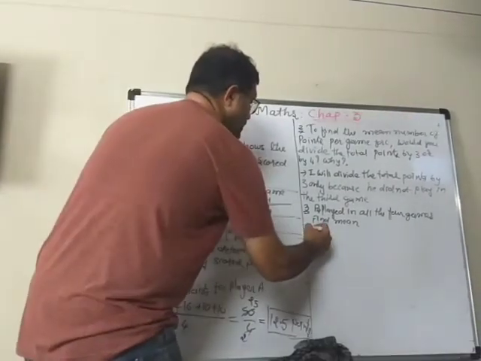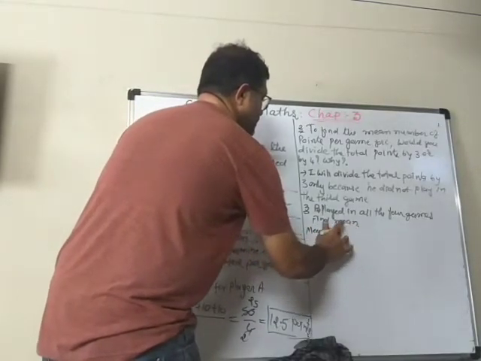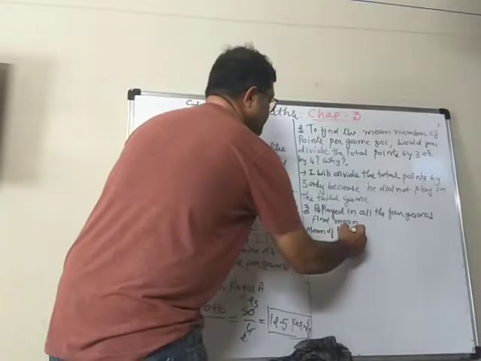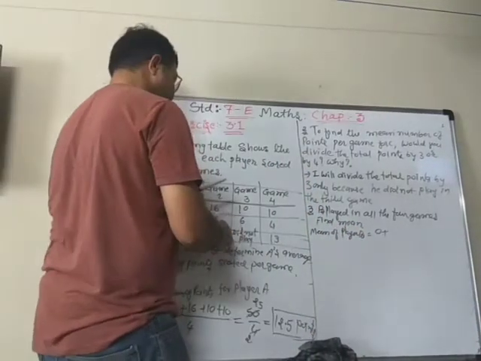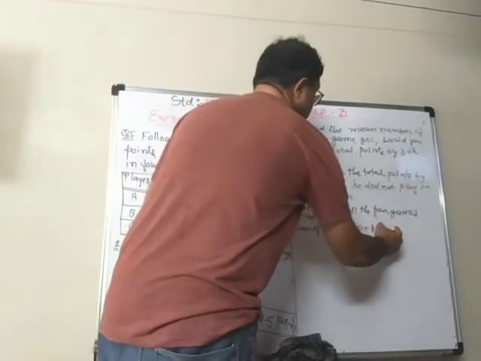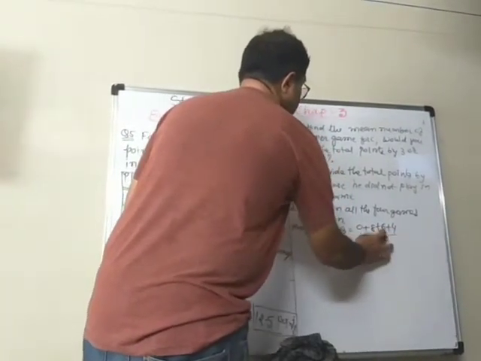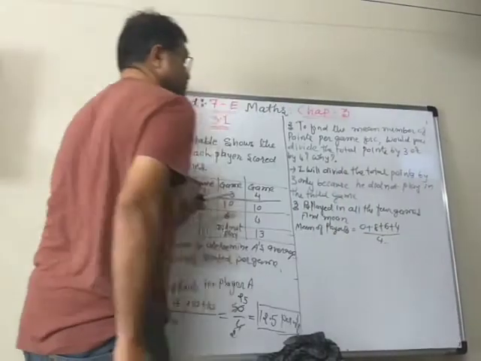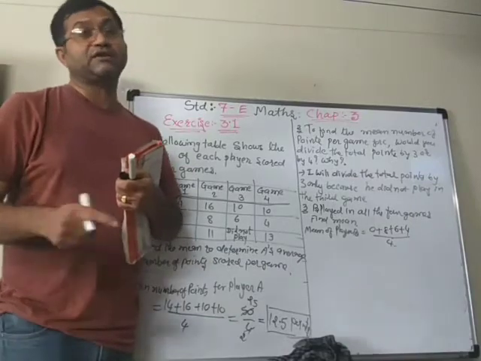So the mean of player B will be 0 plus 8 plus 6 plus 4 divided by 4, not 3. Because 0 is also a point. If he didn't play, then we could divide by 3.